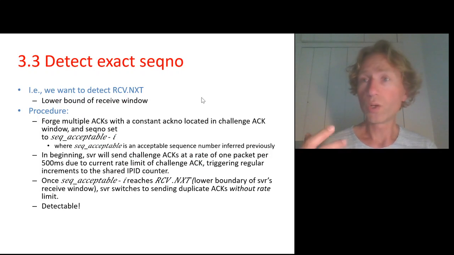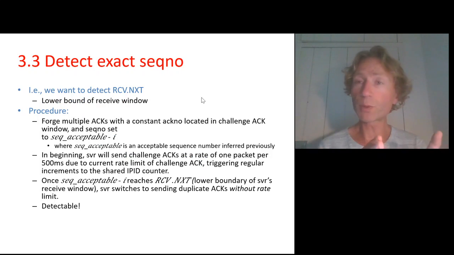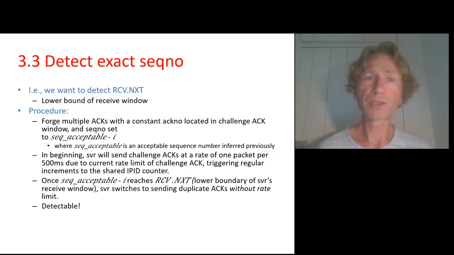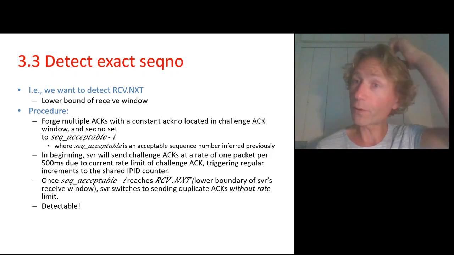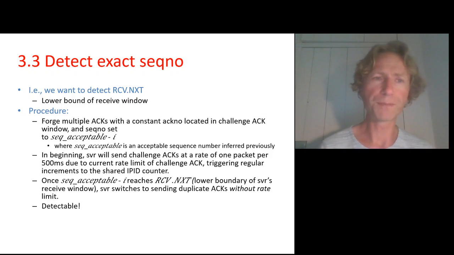Now we know the acceptable ranges, but the next step is to find the exact sequence number. So we want to detect what in the figure was indicated by receiver next. So that is the lower bound of the receive window. This is the first byte that the receiver is waiting for.